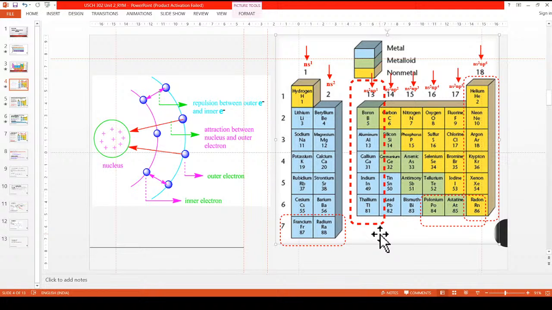Now, as far as the atomic size and ionic size are concerned, along this group, what will happen? Atomic size and ionic size will increase, of course.